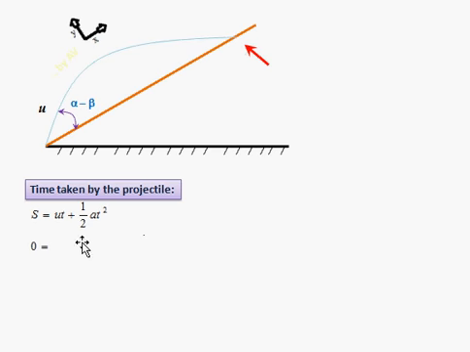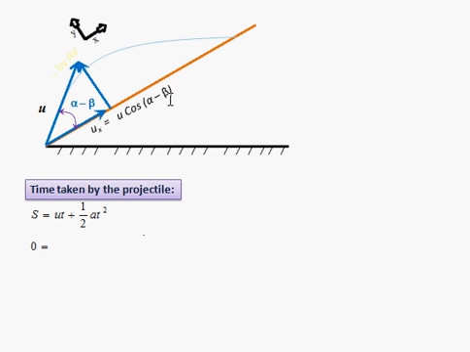The next point is we have to substitute the u here. But the velocity given here is in this direction, but it has to be resolved with respect to this coordinate system. So the horizontal component of the initial velocity u will be here, and the vertical component of the velocity u will be here. And the horizontal component can be written like this, u cos(alpha minus beta).